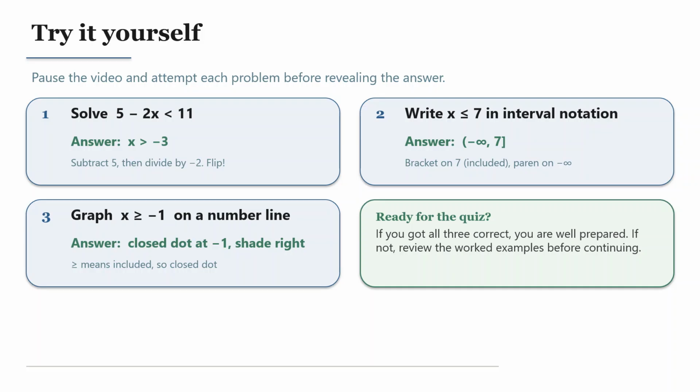Problem 3. Graph x is greater than or equal to negative 1 on a number line. The answer is a closed dot at negative 1, shade to the right. Greater than or equal to means the endpoint is included, so closed dot. Shade right because x must be bigger.